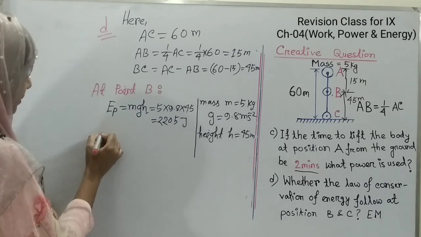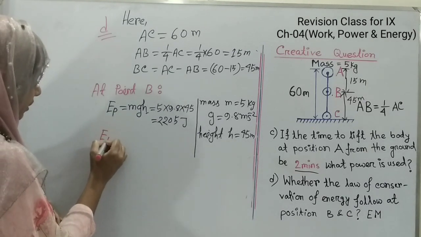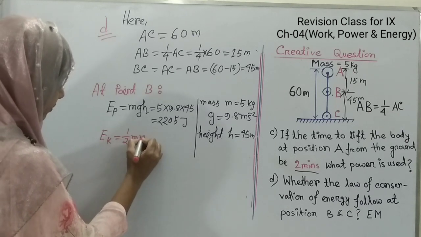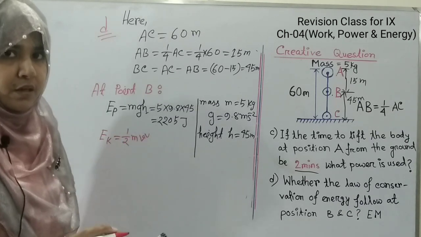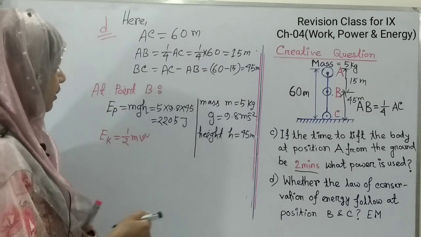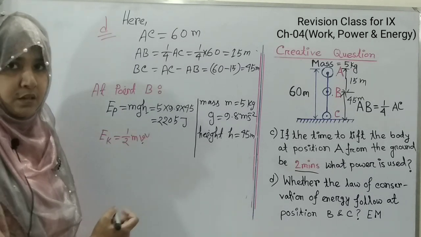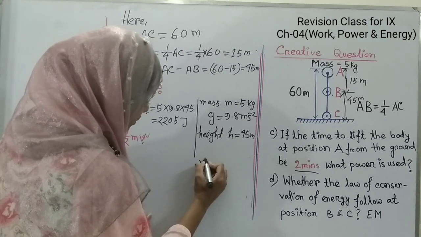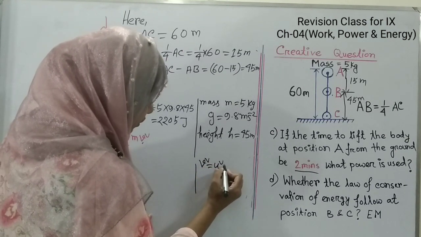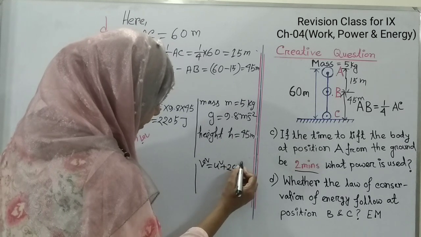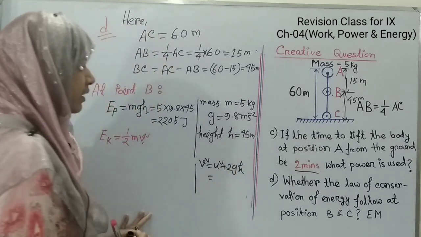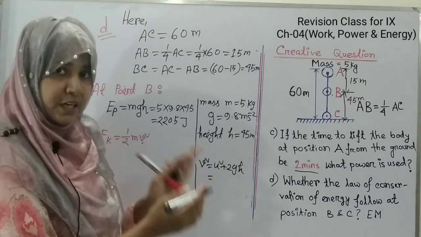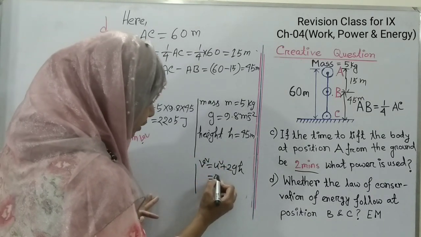Now the kinetic energy at point B. Kinetic energy, that means EK. We know that EK equals half mv square. Firstly, we calculate the value of v square. So here v square equals u square plus 2gh, and you know that as it's a freely falling body, u is 0.